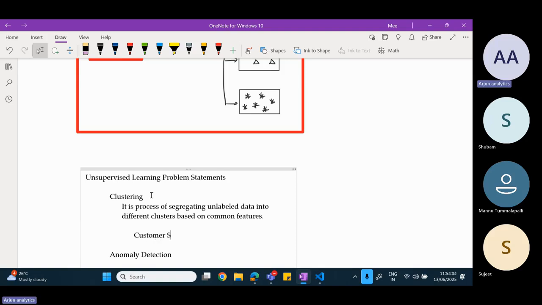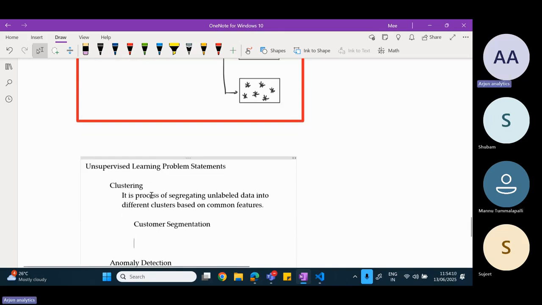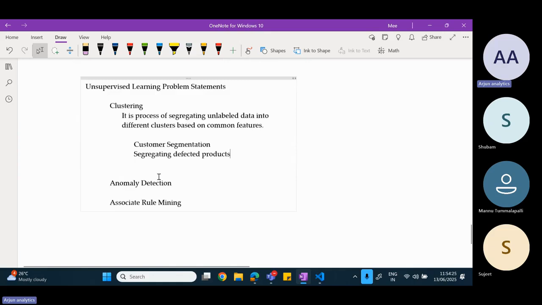In this we segregate the data based on the common features. Customer segmentation is the first example, and segregating defective products. These are some of the things we use it for.